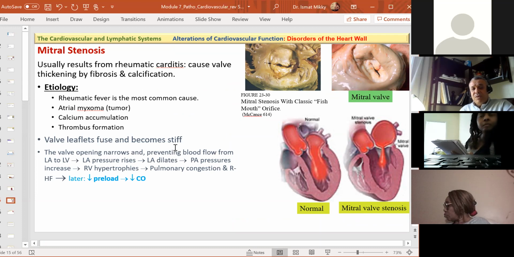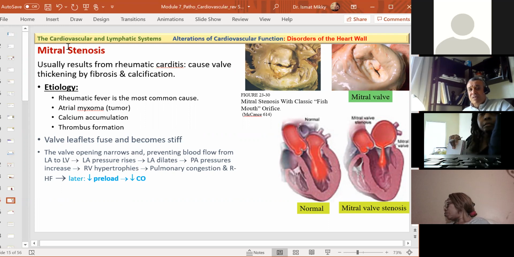And mitral stenosis, I went over that, but here's more description of etiologies and hemodynamics, or the sequelae of events with the hemodynamics of mitral stenosis and mitral regurgitation. So mitral stenosis, see how the mitral valve has that kind of fish mouth orifice when it's stenosed.